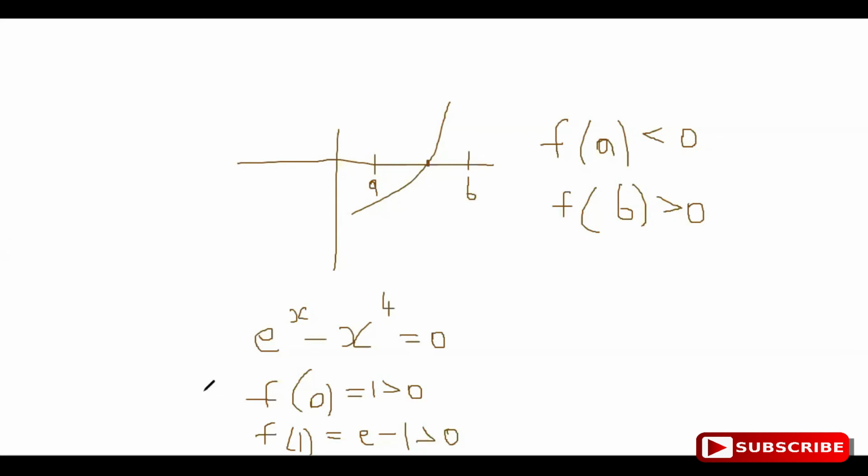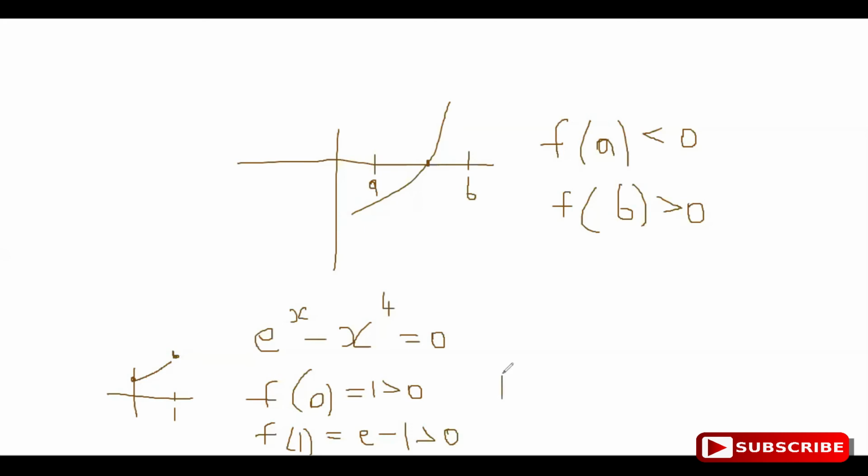If you sketch this graph, you have 0 and you have 1. You have f of 0 is 1, and then f of 1 is somewhere here. So this is the curve. Clearly it can't cut the x-axis between 0 and 1.